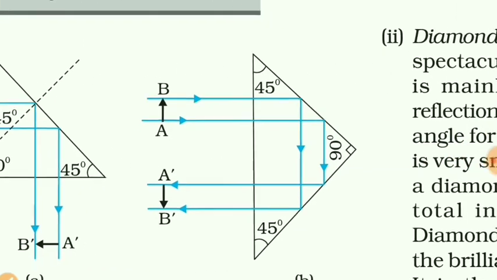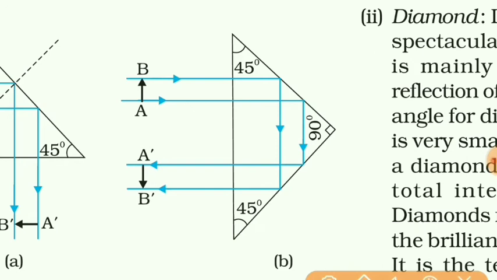Now here in this case you can see this is an object. Here the ray incident from point B strikes here, but the angle made with this normal will be greater than the critical angle, so it gets reflected because of total internal reflection.